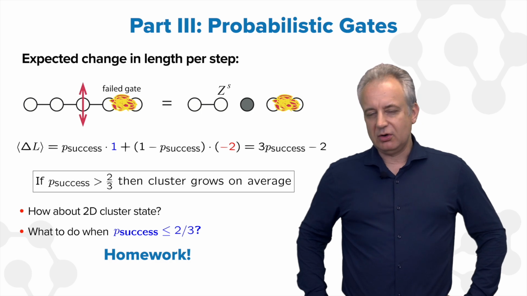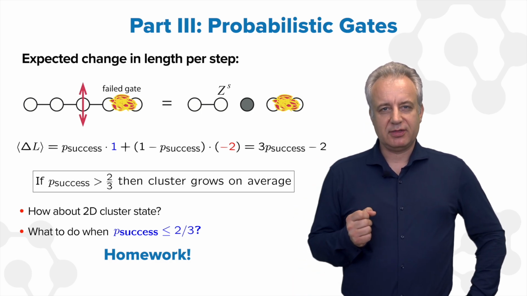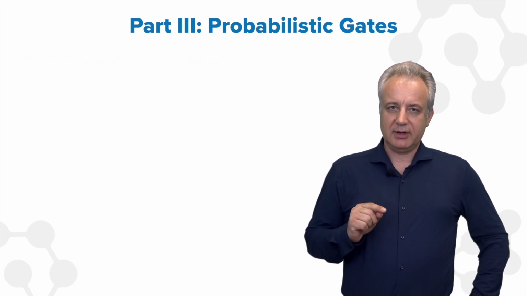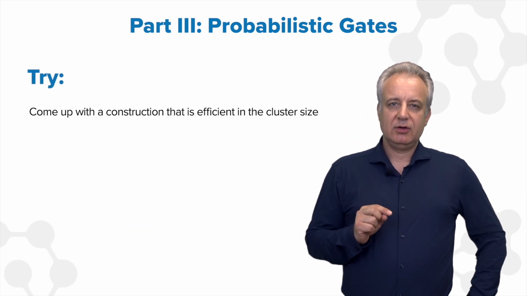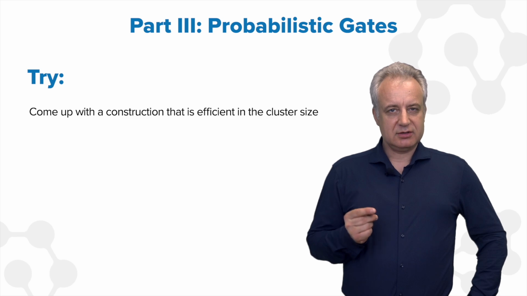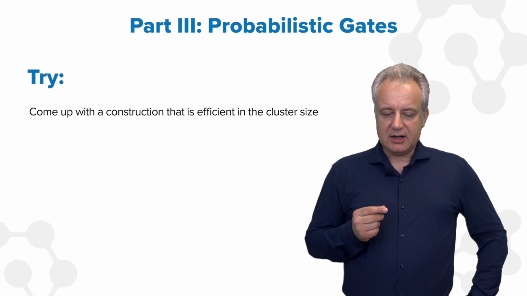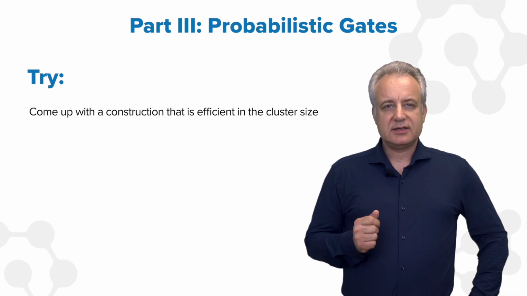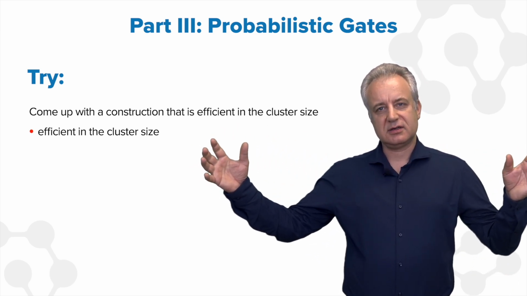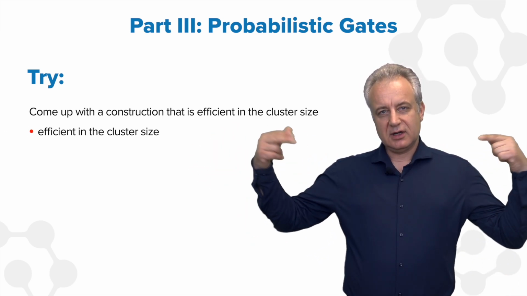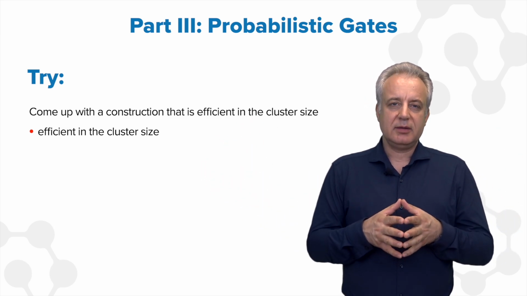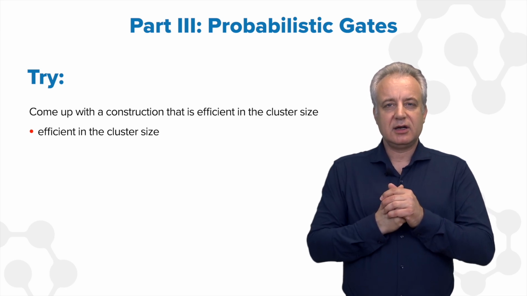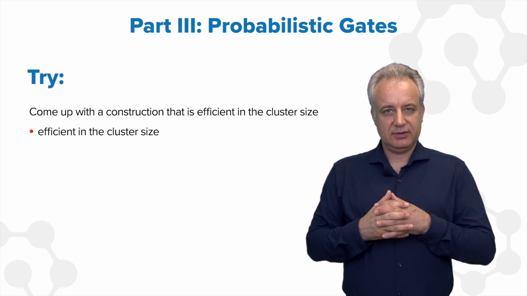So now you want to know whether the answer that you come up with was good or not so good. So try for the following. Try to come up with a computational scheme of using these probabilistic heralded gates that is efficient in the size of the cluster. So making this cluster state with the probabilistic gate should be linear in the cost of making the state with deterministic gates.